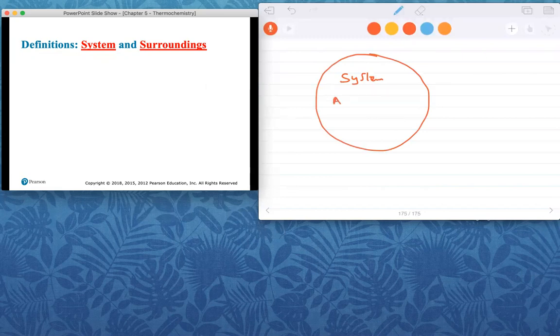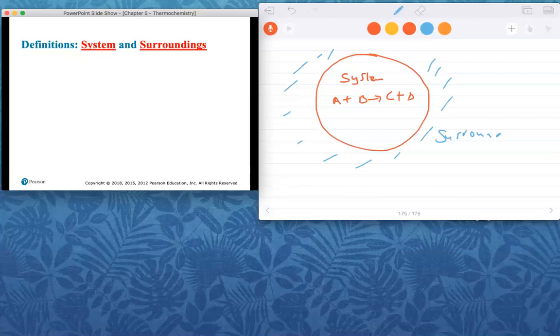It could be A plus B going to C plus D. This is what we call the system. This is how you assign the notation that the system is where we are focusing. The surrounding now is what surrounds the system.